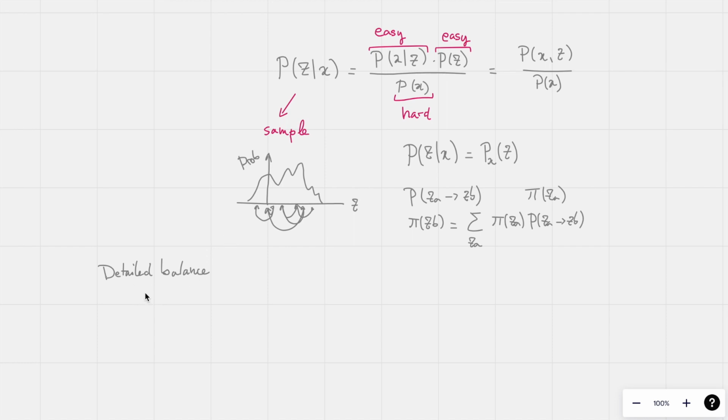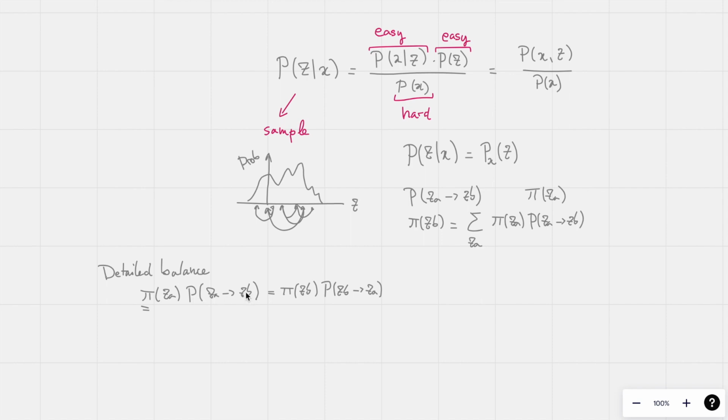It says that if a process is such that the probability of ZA times the movement from ZA to ZB is equal to the reverse, pi of ZB times the probability of moving from ZB to ZA, well, if a process has this property, then the distribution pi is the stationary distribution of that jumping process.